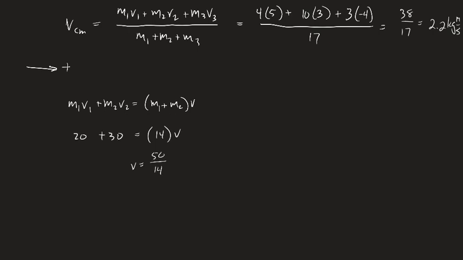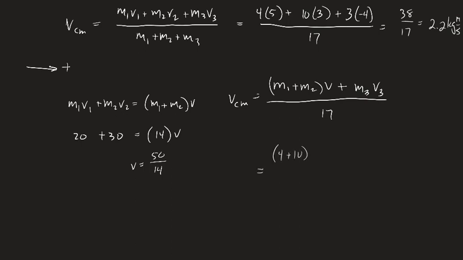I'm going to leave it like this so that you can clearly see that in the velocity center of mass, you're going to have M combined, which is m1 plus m2, times their combined velocity plus m3v3, all divided by 17. So this has got to be m1 plus m2, 4 plus 10, times their velocity, 50 over 14, plus 3 times negative 4, all over 17. That's still 50 plus negative 12. That's still going to be 2.2.